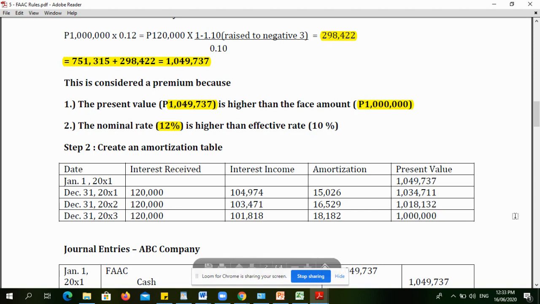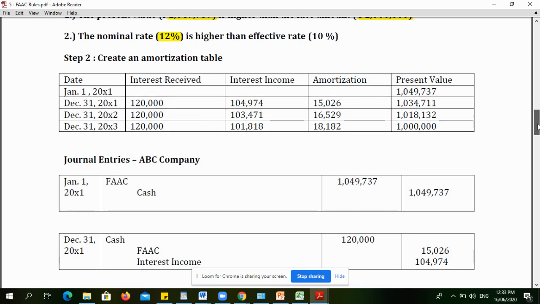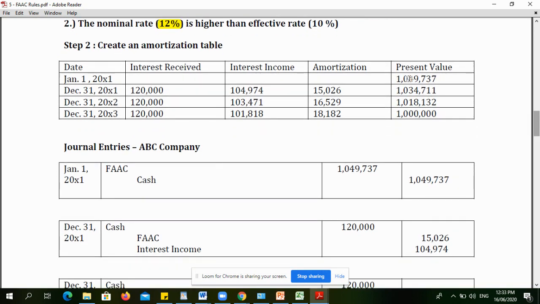Okay. The next step will be creating an amortization table. Tingnan nyo. The interest received will be based on the stated rate. So again, 1 million times 12% equals 120,000.